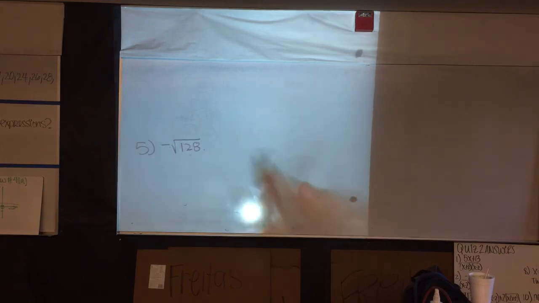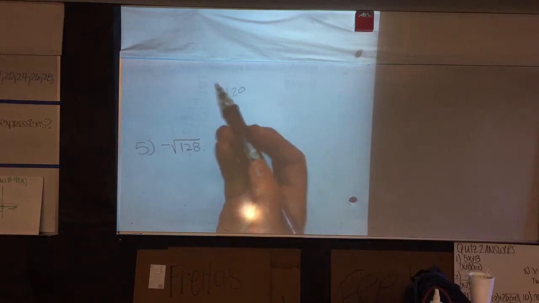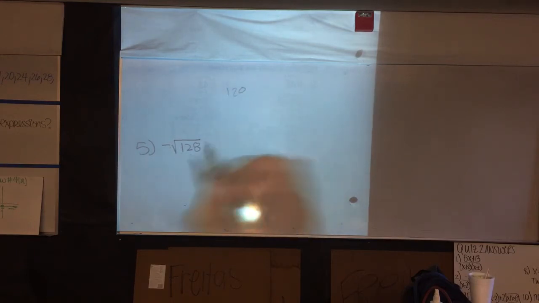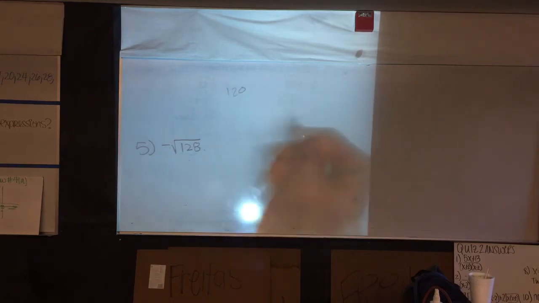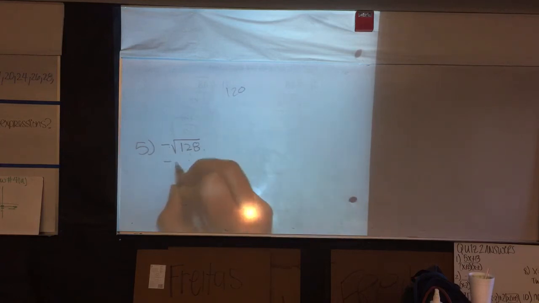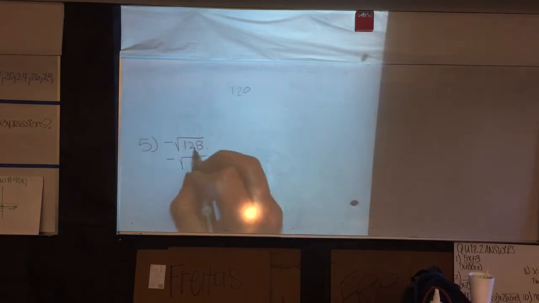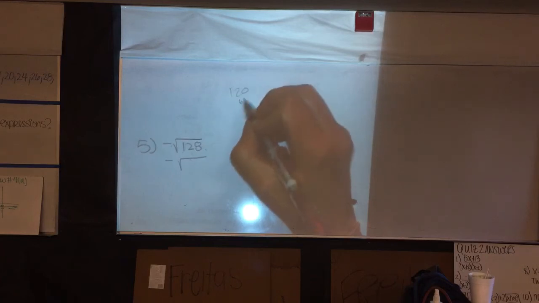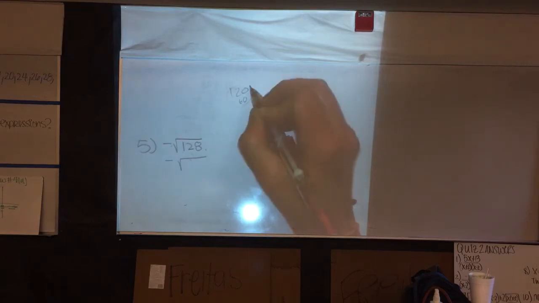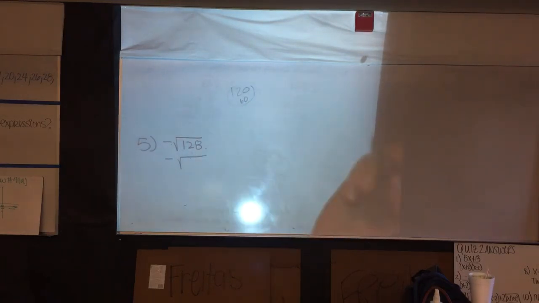But 128, I know that 60 goes into 120 two times, and so I'm thinking that 64 goes into this one, and again, I'm not 100% sure, so I would think that if 60 times 2 is 120, then 64 times 2 might be 128.